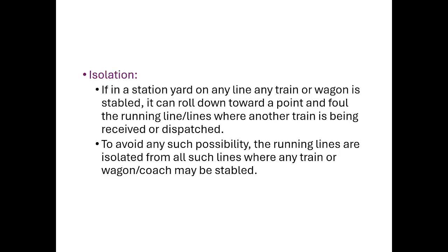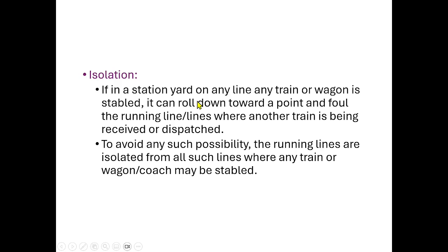So to avoid that, we provide isolation in the loop line by providing a snag return. Normally at each loop line in case of double line, we provide isolation for the directional movement. In the case of single line, both sides of the loop line will have isolations, by providing one end of a symmetrical split connected to a snag return or sand dump.